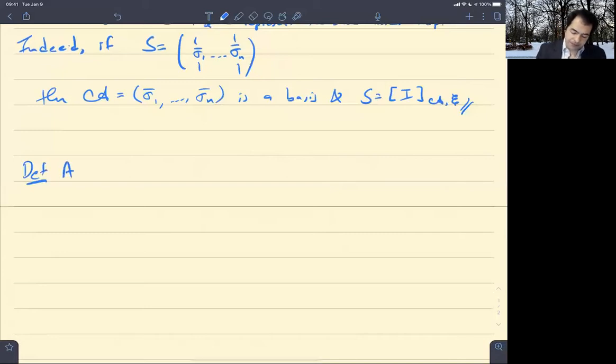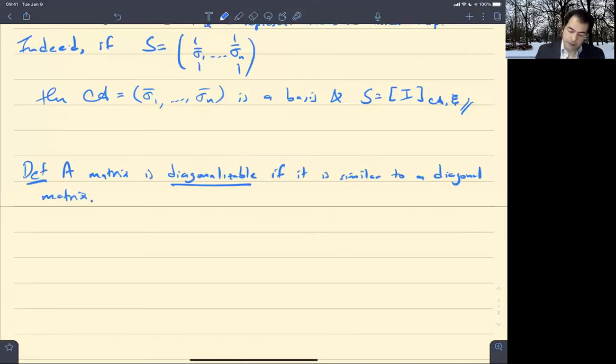So let's define a matrix is diagonalizable if it is similar to a diagonal matrix. Equivalently, if it represents a diagonalizable map.